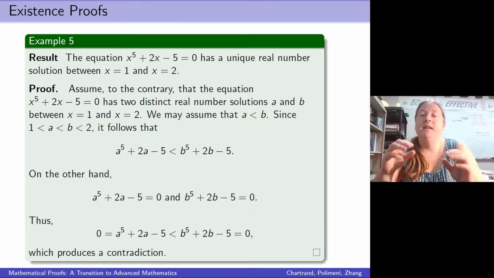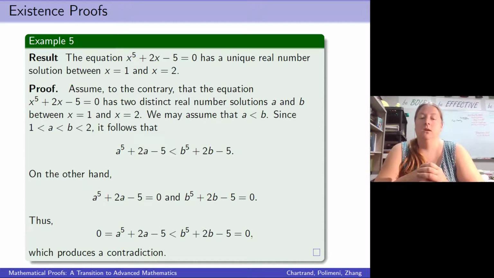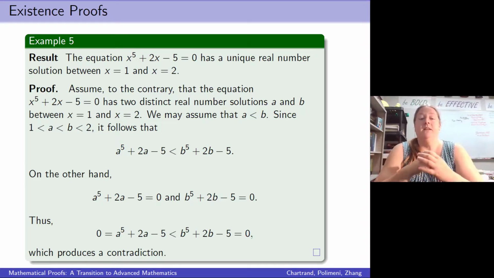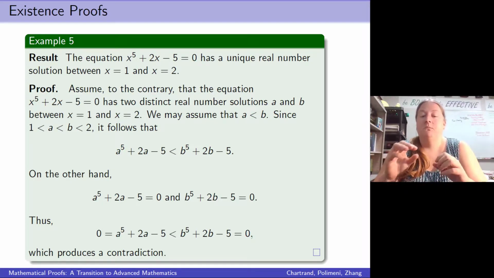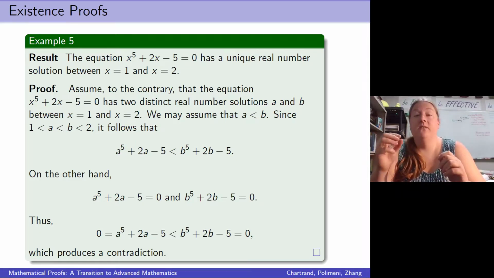But I said that they were both real number solutions, which means a^5 + 2a - 5 equals 0, and b^5 + 2b - 5 equals 0. So if I put that with my inequality that I had, then I have 0 equals a^5 + 2a - 5 is less than b^5 + 2b - 5, which equals 0.